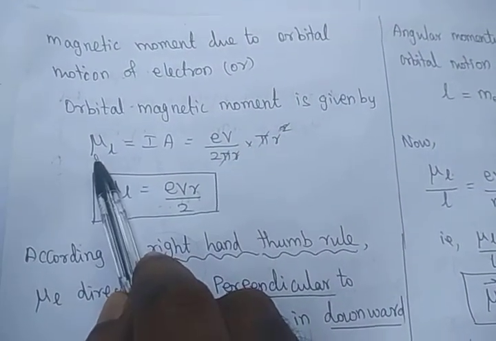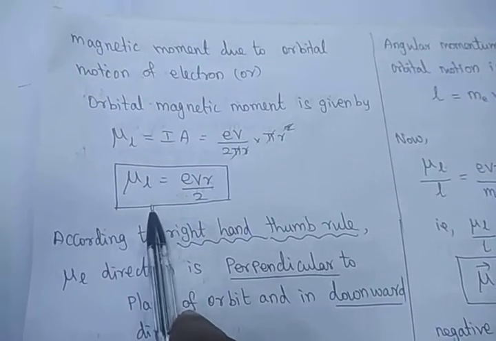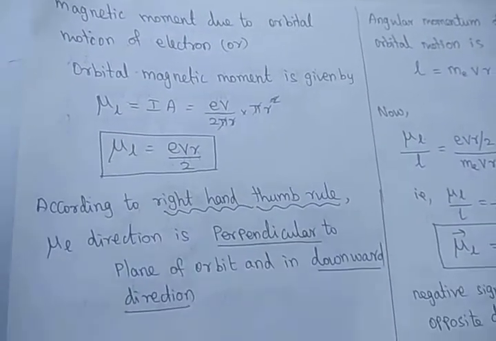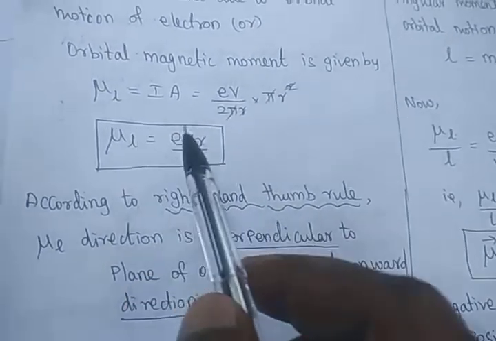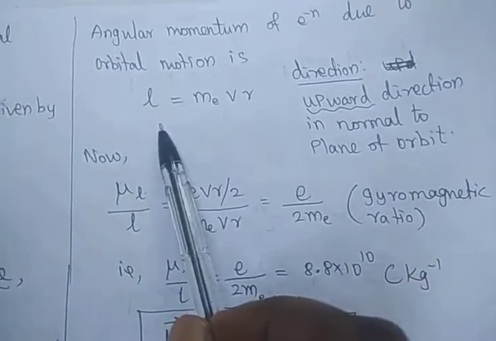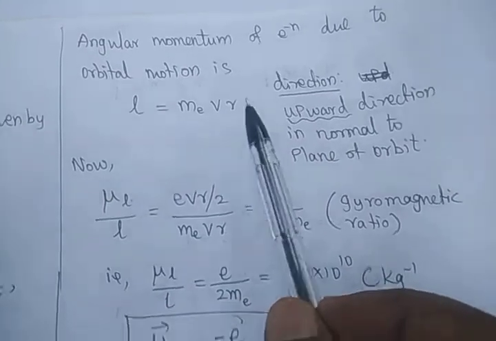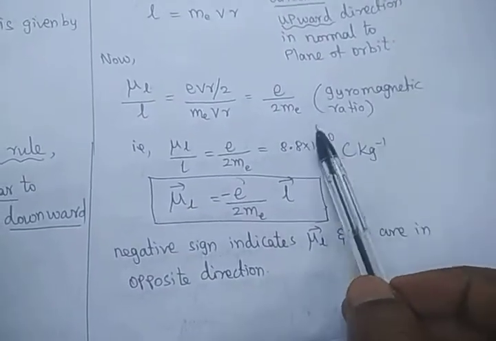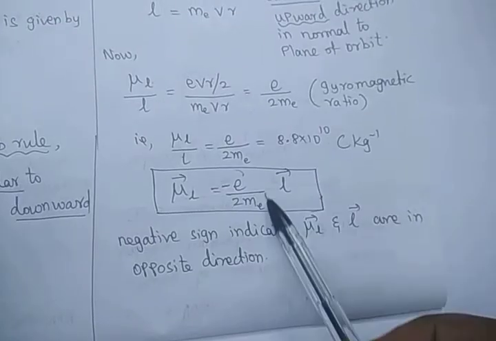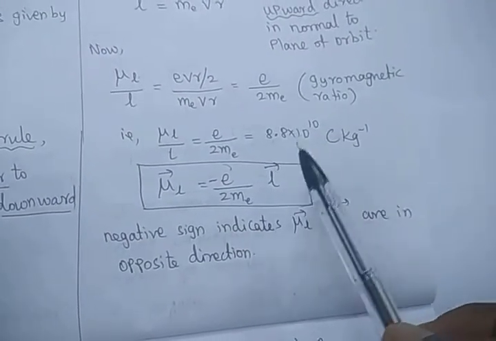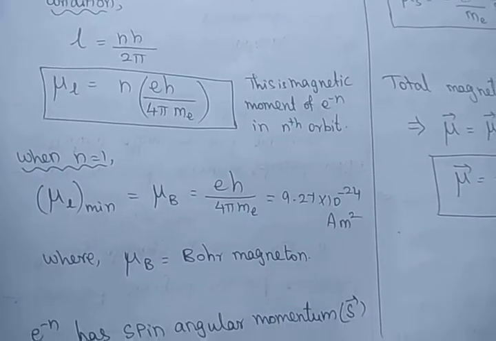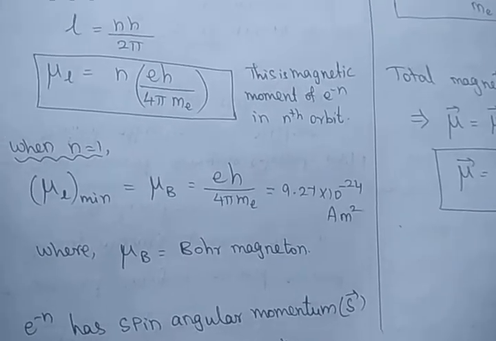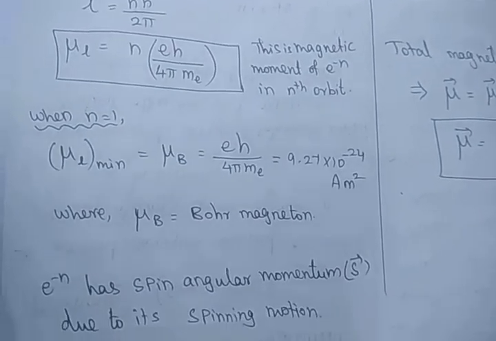Since this is a circular motion, we include the angular momentum also. The angular momentum of an electron is mvr. We substitute here and get the gyromagnetic ratio. Instead of this L, if you substitute the Bohr quantization condition, we arrive at the Bohr magneton equation. It is a small thing, but it is a chain; one by one it comes continuously in a logical way.